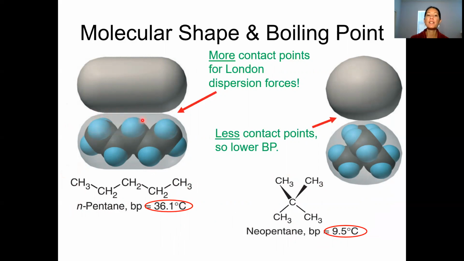There are more contact points when it gets close to another molecule, instead of this more dense structure that only has a smaller contact point area. So it's basically like having a larger strip of Velcro holding something together versus a small little piece of Velcro. The one that has more surface area is going to have the higher boiling point.